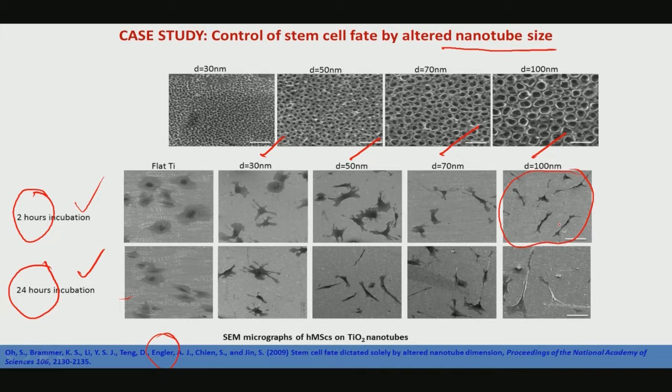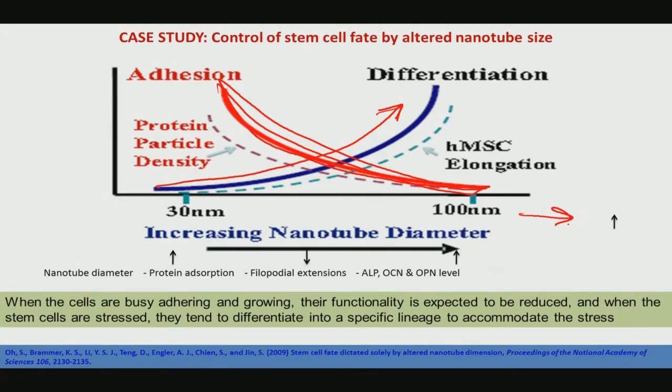That is what I am trying to explain on the basis of this qualitative description, that as the cell adhesion decreases in a nonlinear manner as you increase the titanium oxide nanotube diameter, your differentiation is enhanced in just the opposite manner.